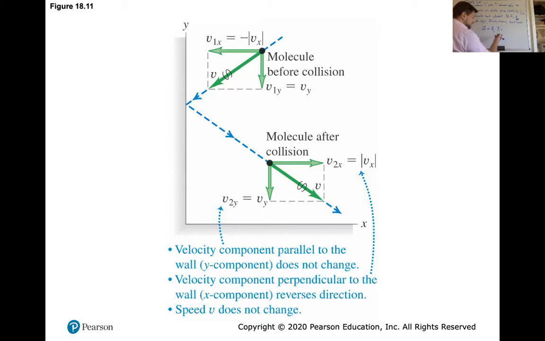The only delta is in the x direction, so the final in the x, m vx going one way, minus negative m vx, because it was going to the left to begin with and now it's going to the right, which gives 2 m vx. So that's one molecule.